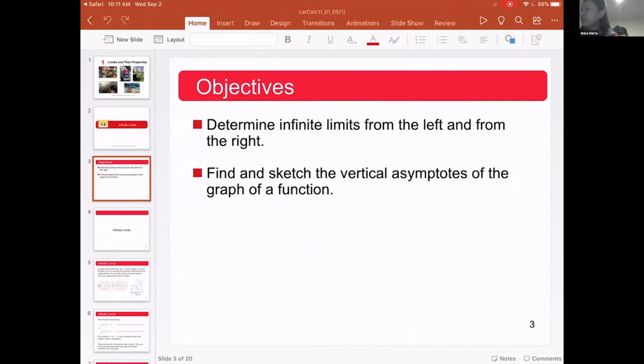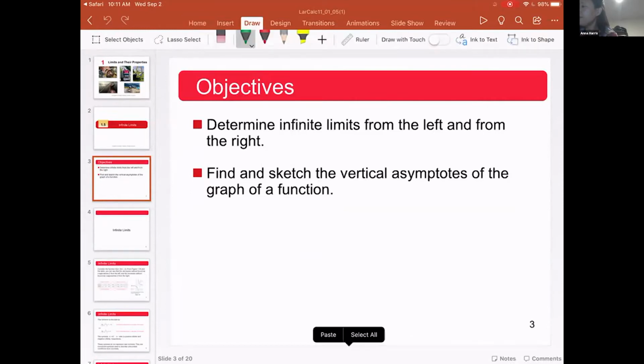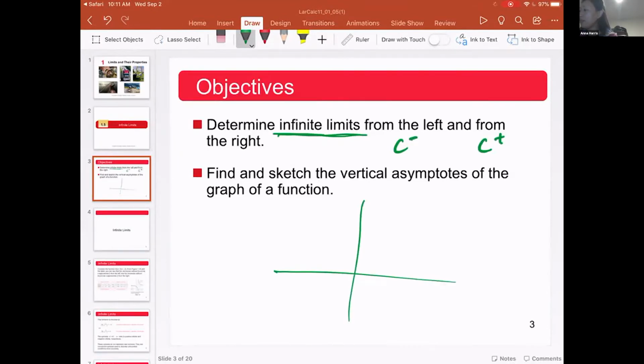So determine an infinite limit from the left and from the right. That's how you do it. If I have a number C, in this case it's not infinity, so let me make an infinite limit problem.